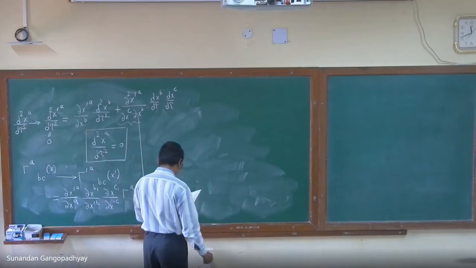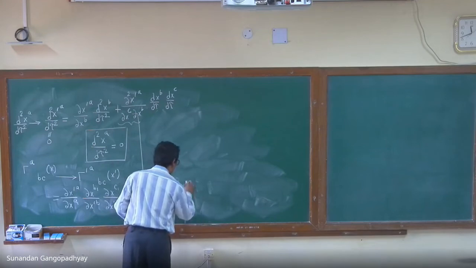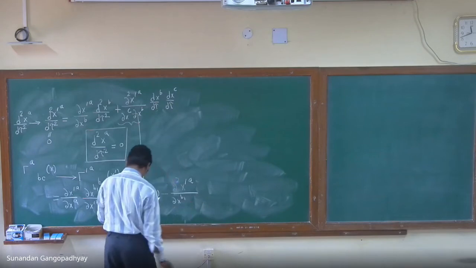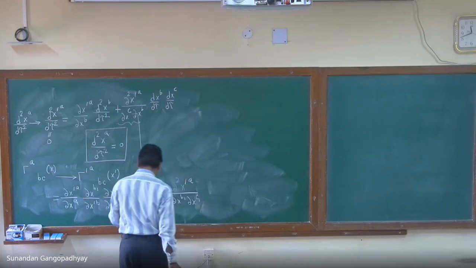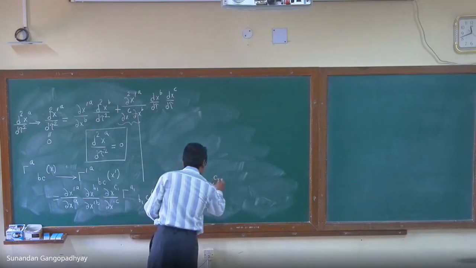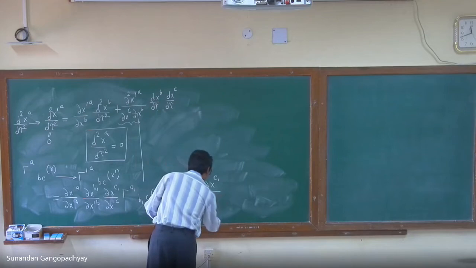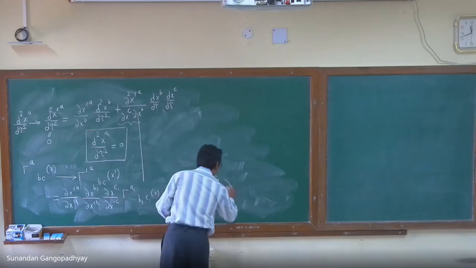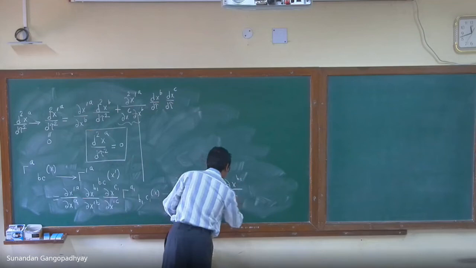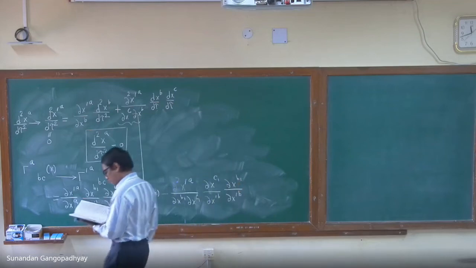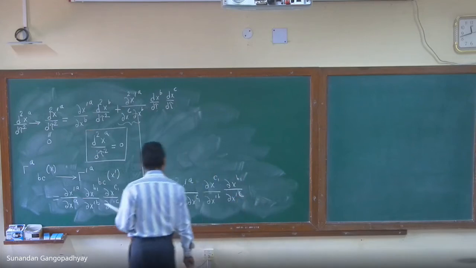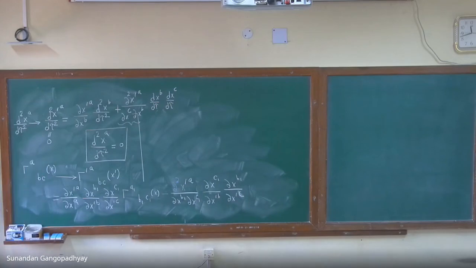This was del x prime a over del x b1, del x c1 over del x prime, del^2 x^{b1} over del x^{c1} del x^b, and this is C. Okay, so we have now written down this part.